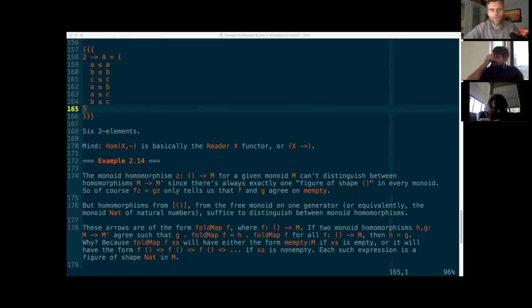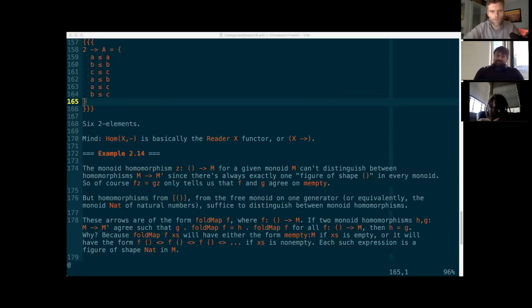All right, page 38. Example 214. Okay, in the foregoing example, it is often the case that generalized elements based at certain objects are especially revealing. So elements T to A. So if you pick a particular T, it's especially revealing.